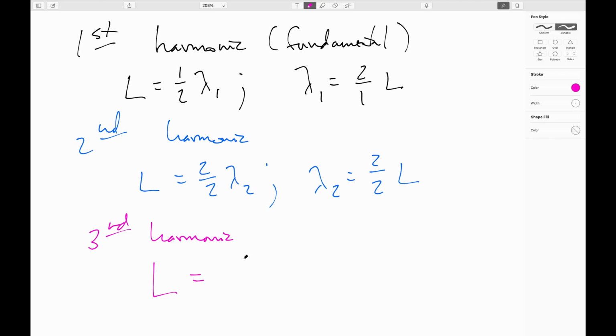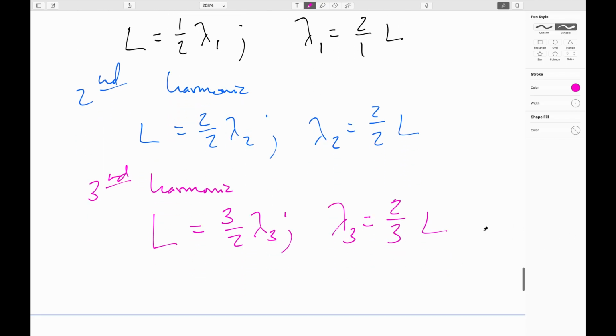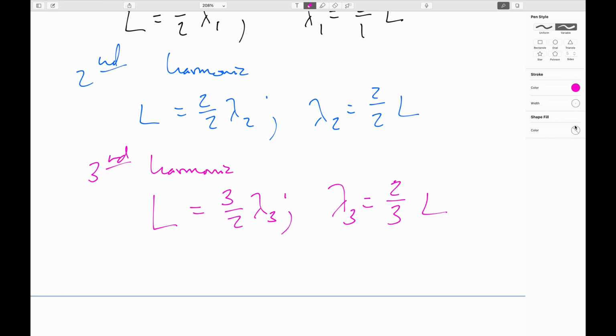So within L, I say we'll fit in 3 loops. A loop is half a wavelength. And again, this is of a shorter wavelength here, lambda 3. So we can get that the wavelength of the third harmonic will be 2/3 times L.